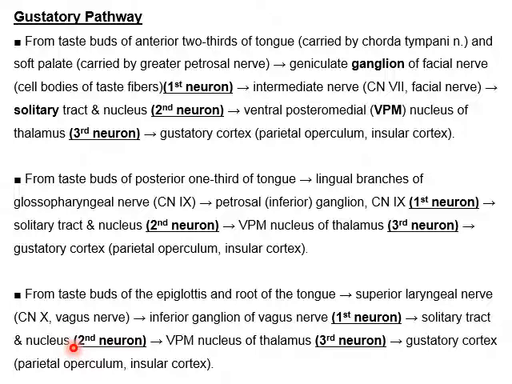The solitary nucleus and tract send their axons to reach the third order neuron, which is the thalamus. So the thalamus is always the third order neuron, the VPM, ventral posteromedial nucleus of the thalamus. Its neurons send their axons to terminate at the gustatory cortex, which is made by the parietal operculum and the insular cortex.